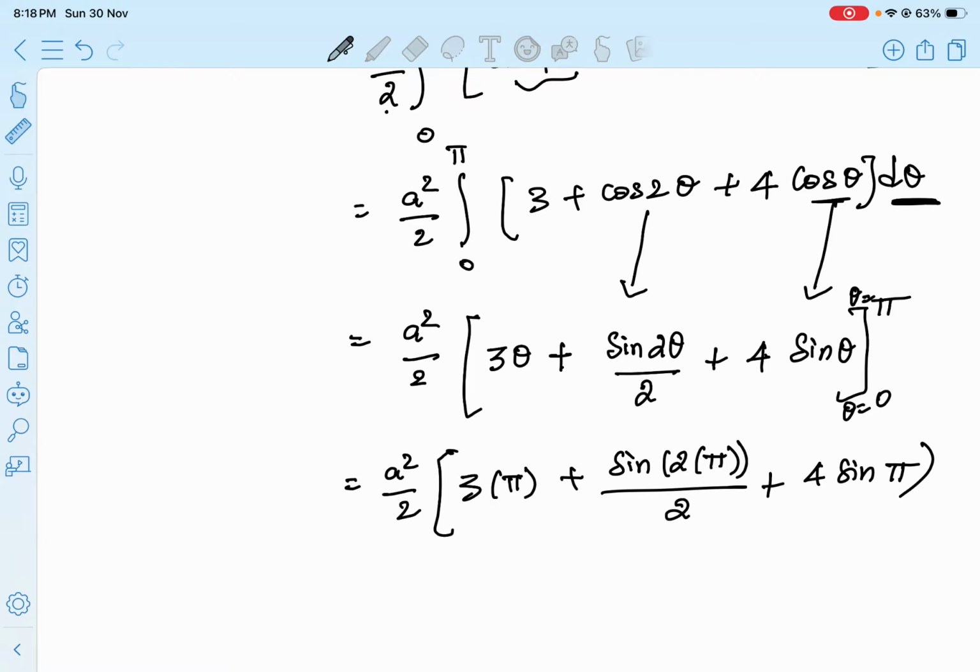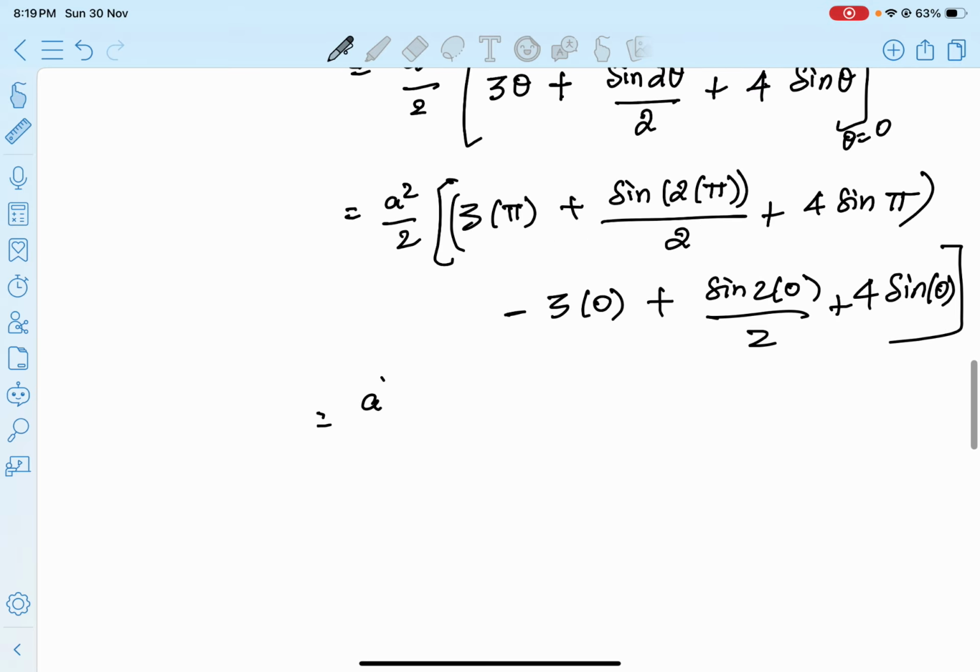Okay, minus this is 0. So 3 into 0 plus sine 2 into 0 by 2 plus 4 sine into 0.